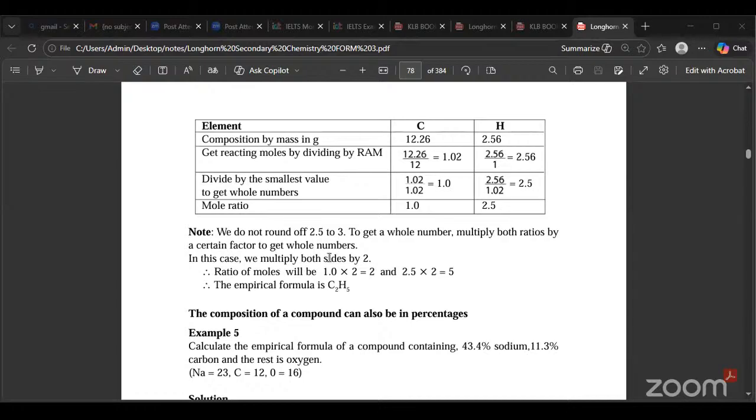Carbon is 12, hydrogen 1, oxygen 16, calcium 40, aluminum 27, sulfur 32, lead 207, iron 56. Yeah, so those ones.